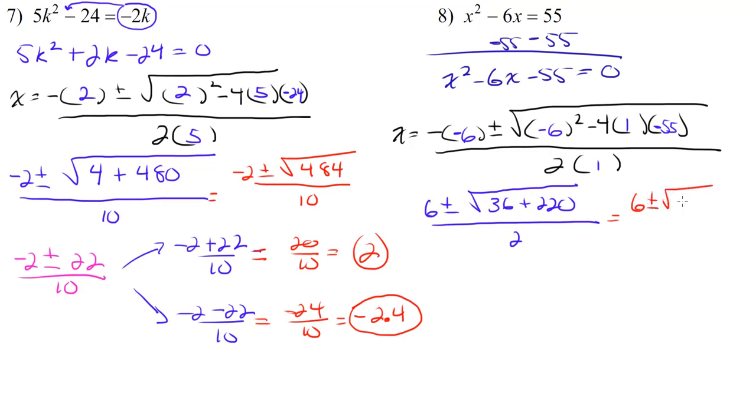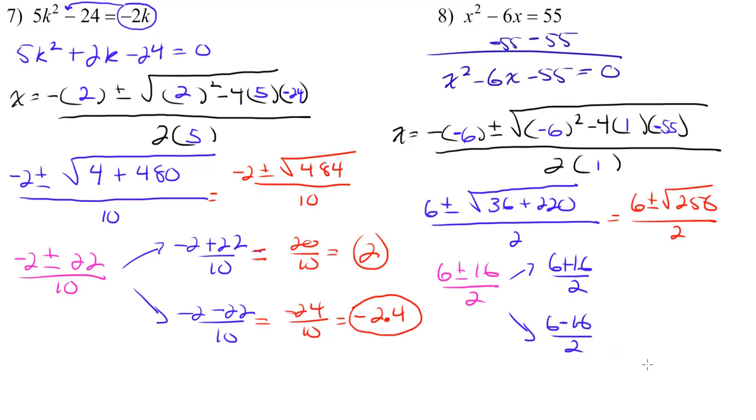So 6 plus or minus radical 256 divided by 2. The square root of 256 is 16. So we have 6 plus or minus 16 divided by 2. Here are our two expressions. 6 plus 16 divided by 2 and 6 minus 16 divided by 2. 6 plus 16 is 22.